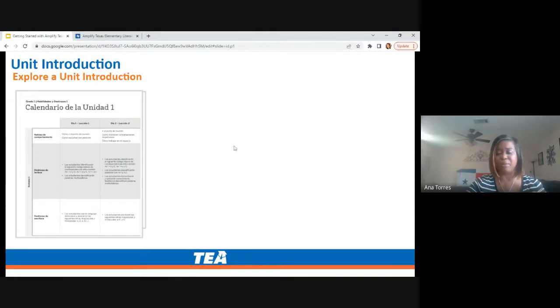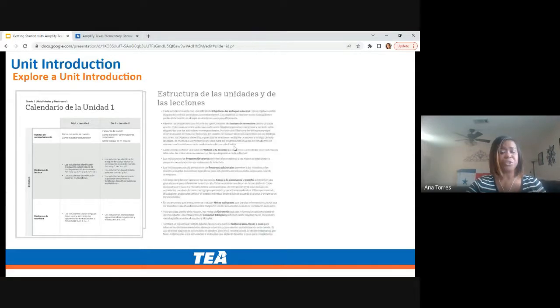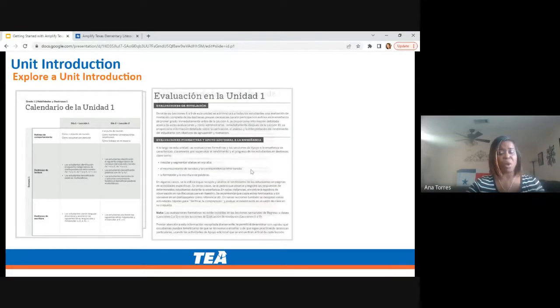And this is just an example of Unit 1. What you also get is Estructura de las Unidades y las Lecciones, the various structure. You know, you're looking at those objectives, looking at the formative assessments, the lesson at a glance. So this section here gives you a structure of those units and lessons as we talked about prior. What you also have is Evaluación en la Unidad Una.